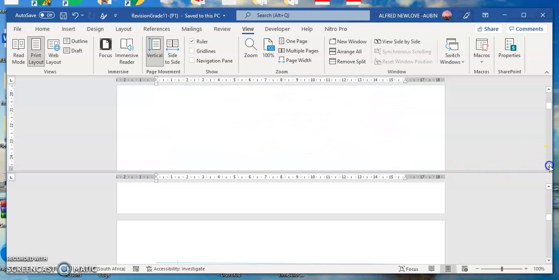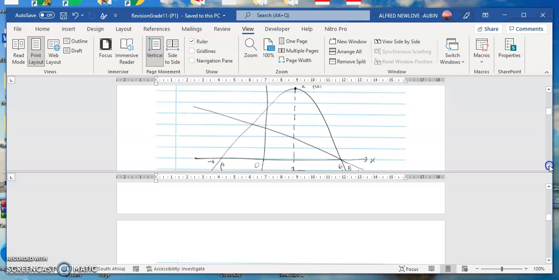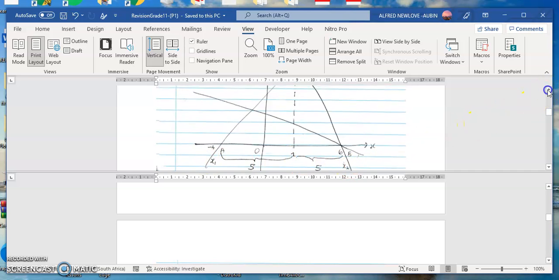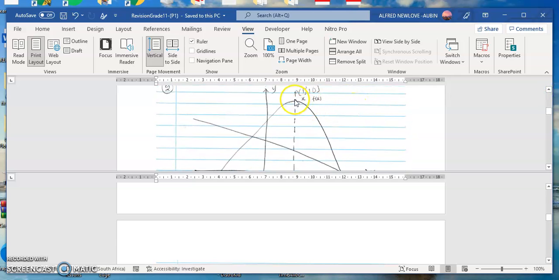Remember the graph, this one. The x-intercepts, call this one x1 and this one x2. Then, any point on the graph apart from the x-intercept, you call it x and y.